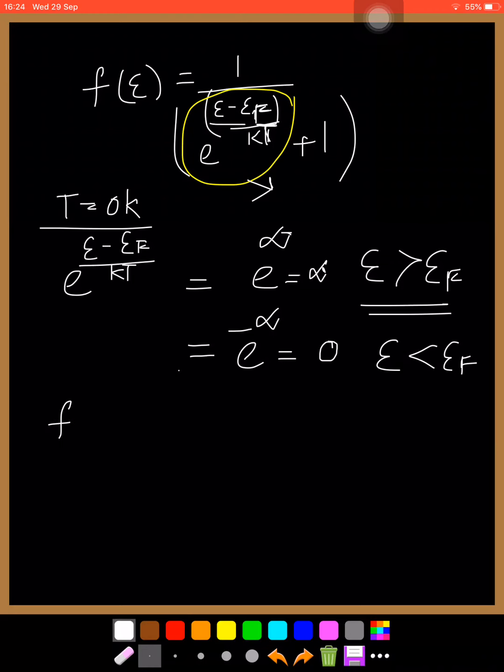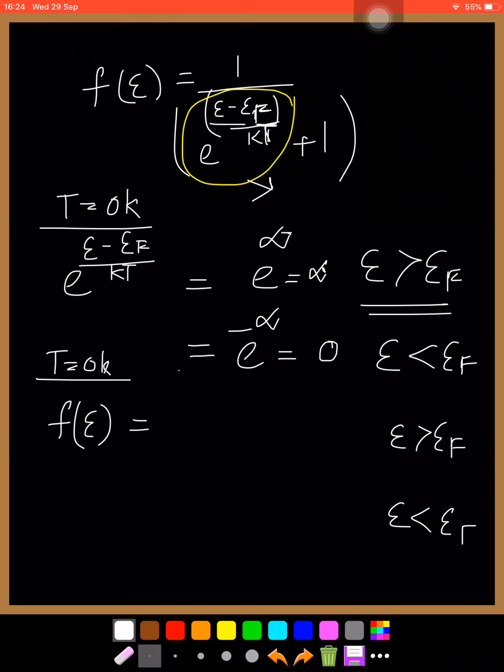So let's see what Fe will be for the same situation, when T equal to 0 Kelvin. For E greater than EF, this term is infinity, so 1 by infinity plus 1, that is 0.